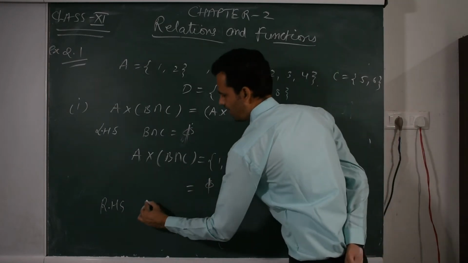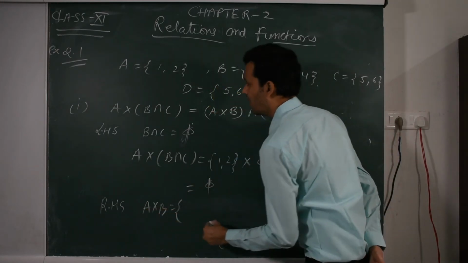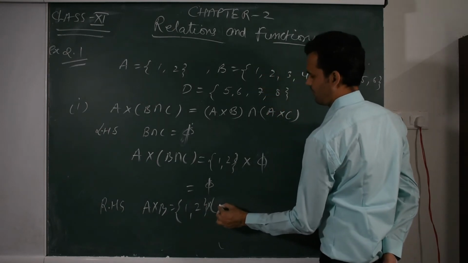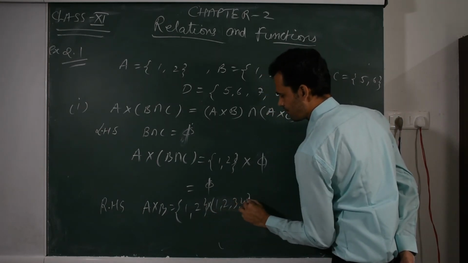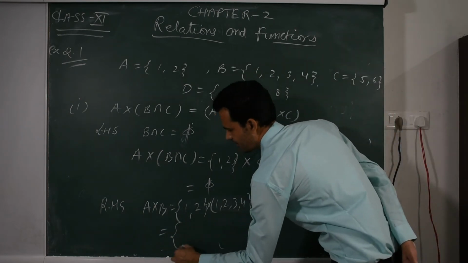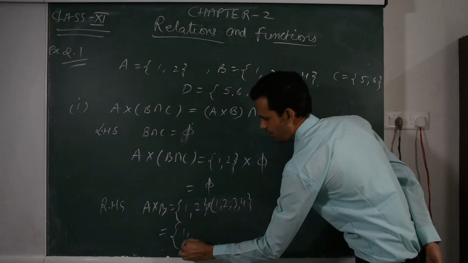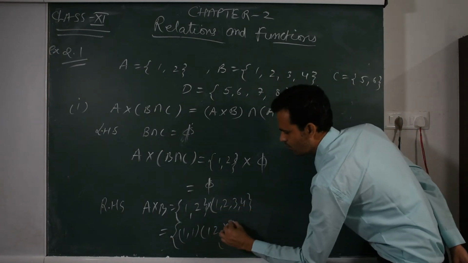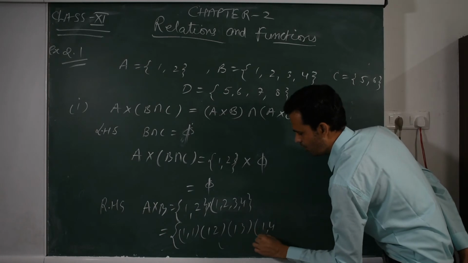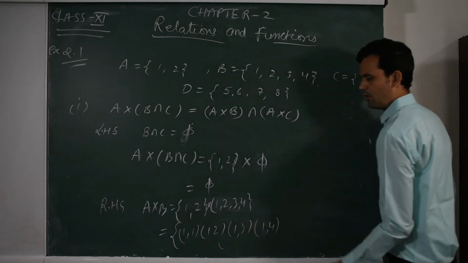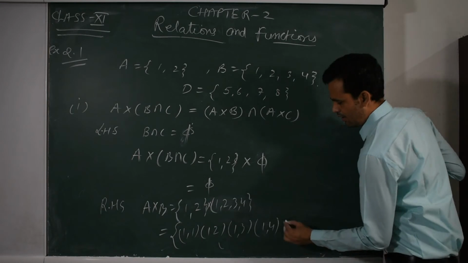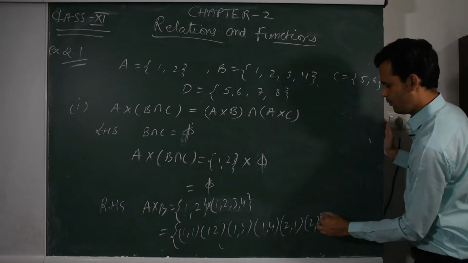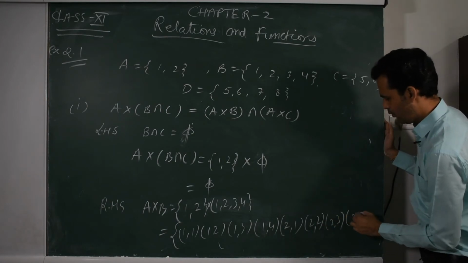Now the RHS. For the RHS, first we find the value of A cross B. Set A is {1, 2} and set B is {1, 2, 3, 4}. So for A cross B, the ordered pairs of 1 with these are (1, 1), (1, 2), (1, 3) and (1, 4). These are 4 ordered pairs for 1, and 4 ordered pairs for 2: (2, 1), (2, 2), (2, 3) and (2, 4).